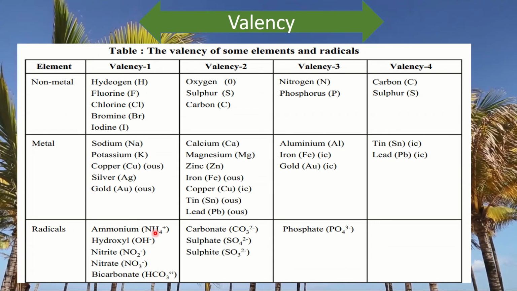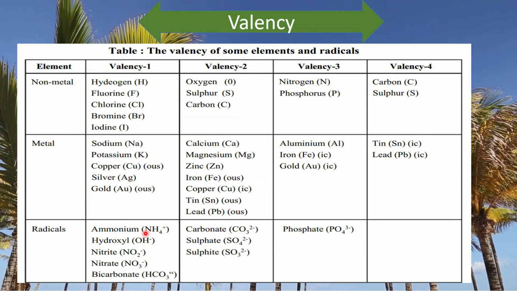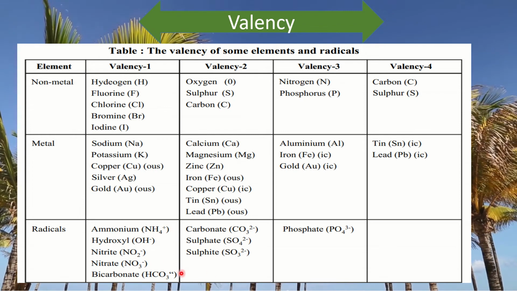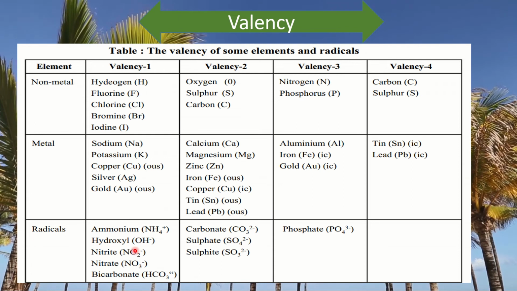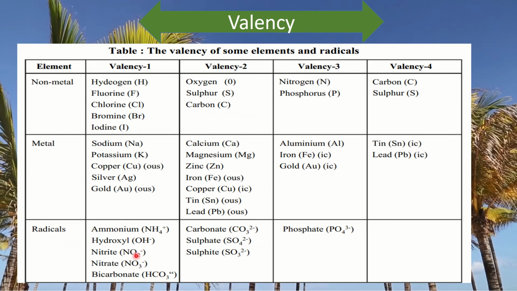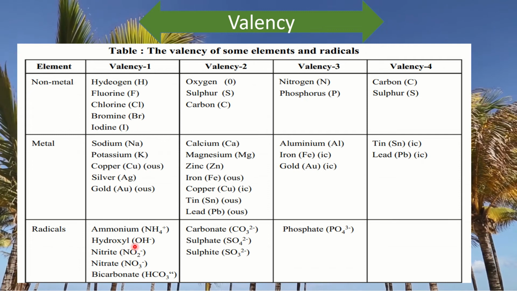But after joining, they are not neutral. They are positively or negatively charged. So these are radicals. A group of atoms but acting as a single atom is called radical.